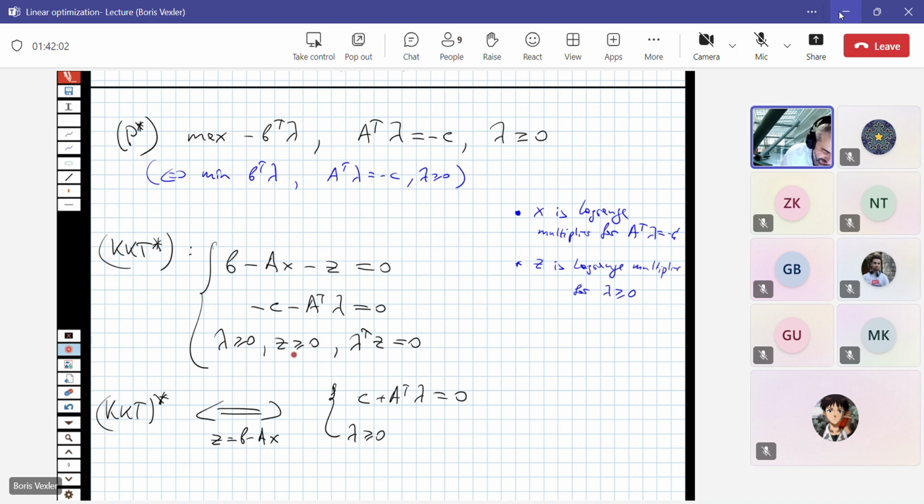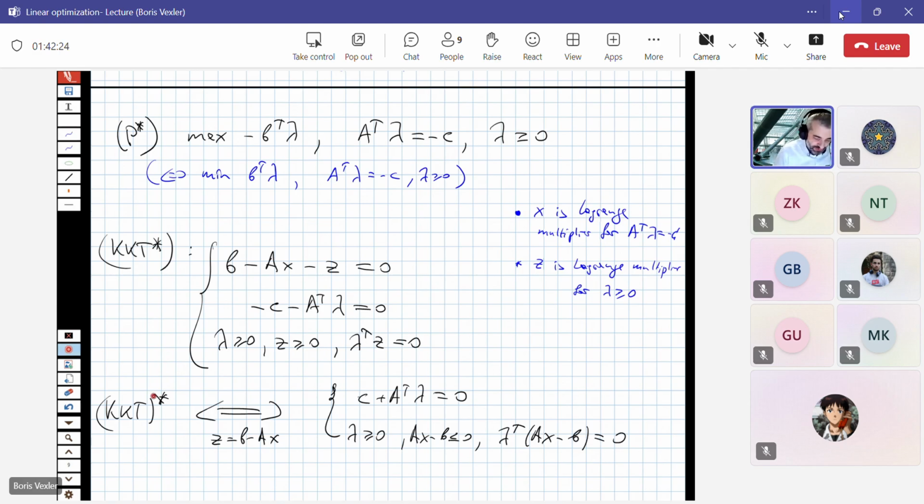And instead of z larger equal than 0, we have b minus Ax larger equal than 0, or if you want, Ax minus b less or equal than 0. And lambda transposed (Ax minus b) is equal to 0.